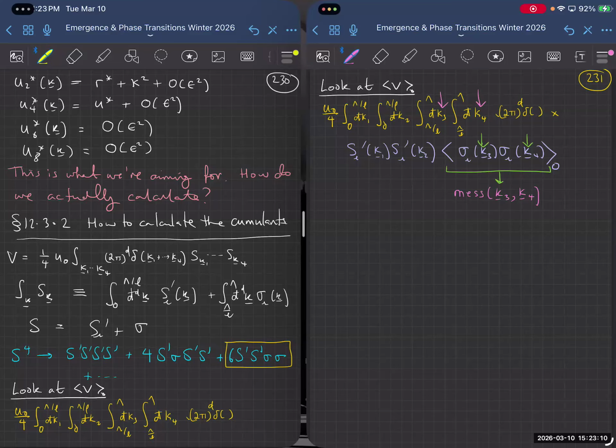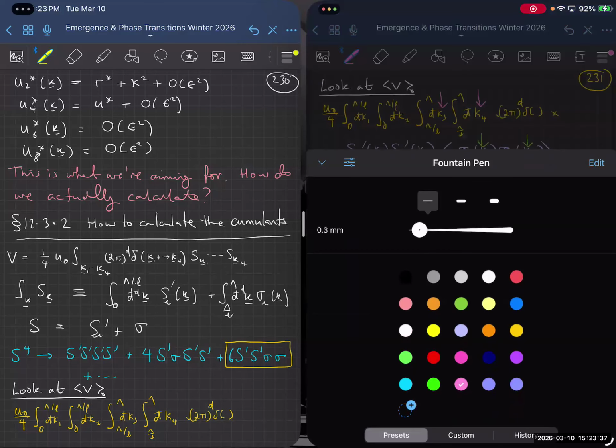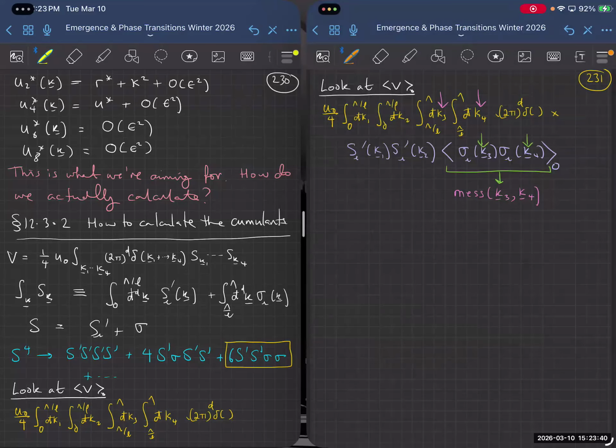So what I do is I do this expectation value, get a big mess of k3 and k4, then I have to do the integral over k3 and k4 between lambda over L less than k less than lambda, conserve momentum with my momentum conserving delta function, and then do the integrals over k1 and k2. So this thing is sort of messes upon messes. So let's suppose I've successfully managed to do this. Then this is going to lead me to this.